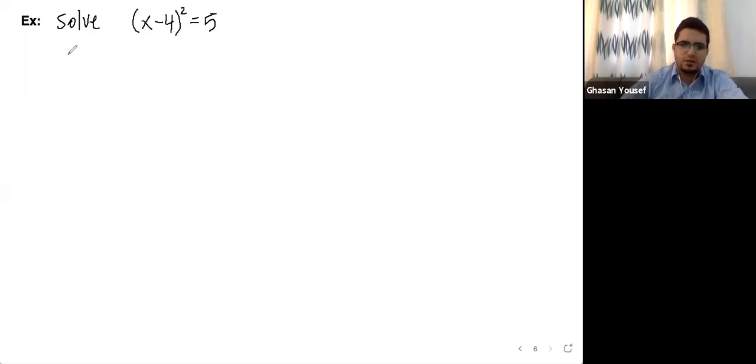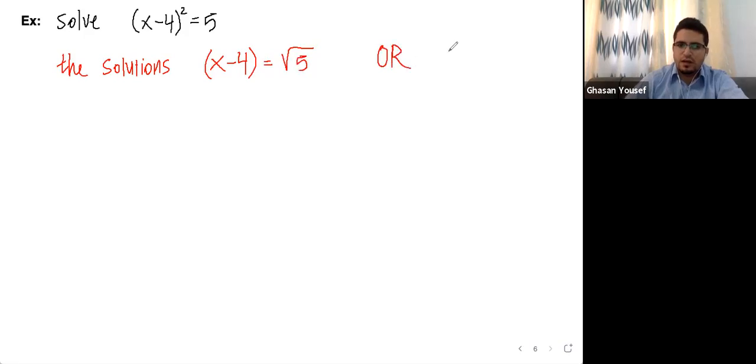So I can set the solutions here: x minus 4 equals the radical of 5, or x minus 4 equals the minus square root of 5. Same thing exactly. But we need the value for x. What should we do now?